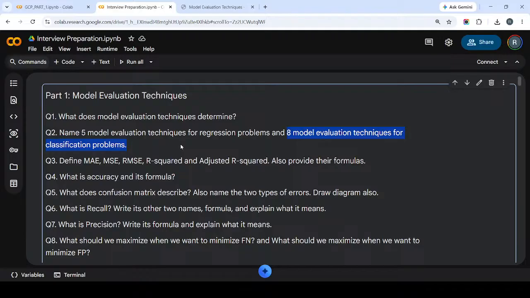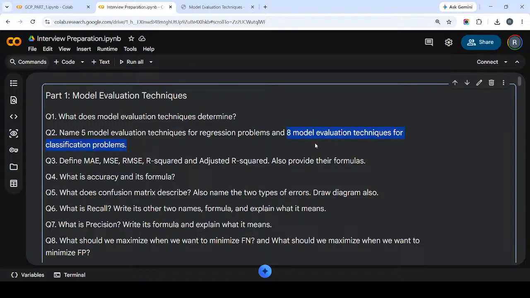Then we have the classification report, which we generate. We have specificity, then the false positive rate, and lastly and most importantly the AUC ROC curve. AUC ROC stands for area under the curve and receiver operating characteristics.